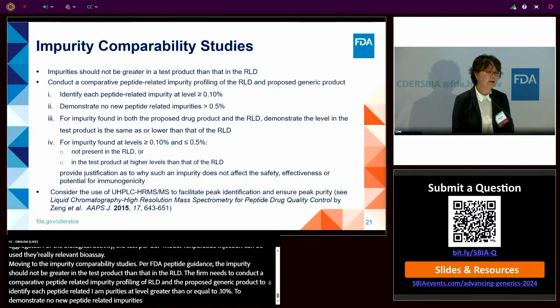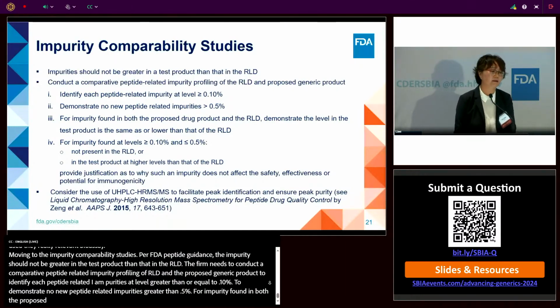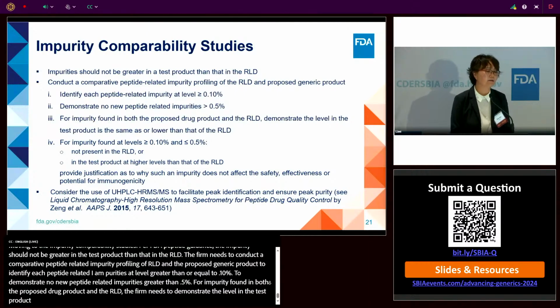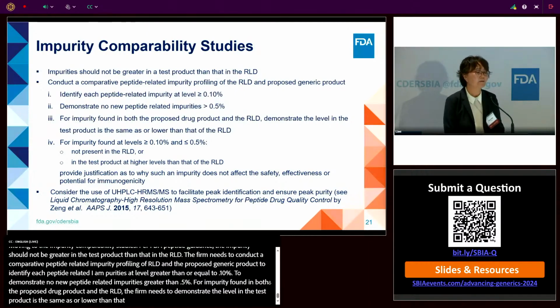For impurity found in both the proposed drug product and the RLD, the firm needs to demonstrate the level in the test product is the same as or lower than that of the RLD.